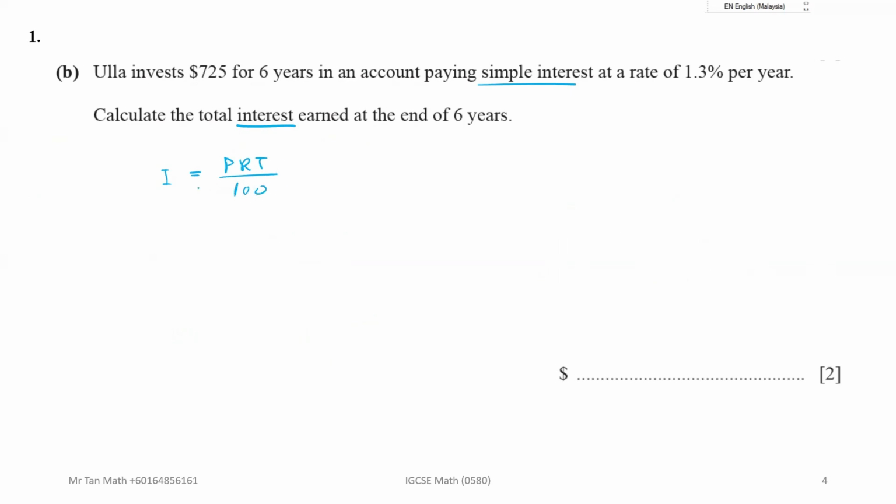This is the interest portion. So it equals P is 725, you times the rate is 1.3 and T is 6 years, over 100. So you get 56.55.